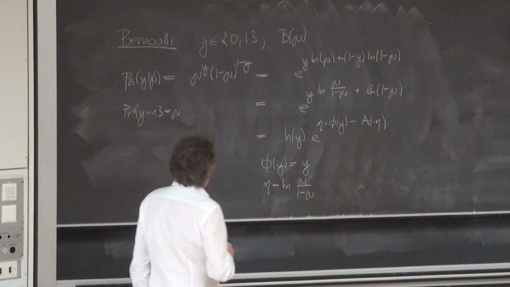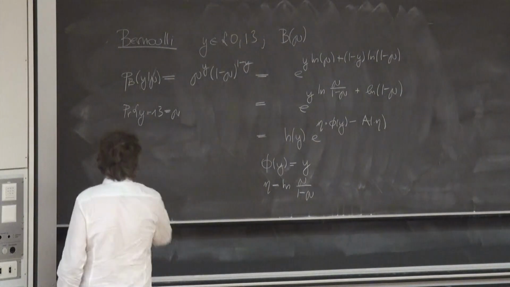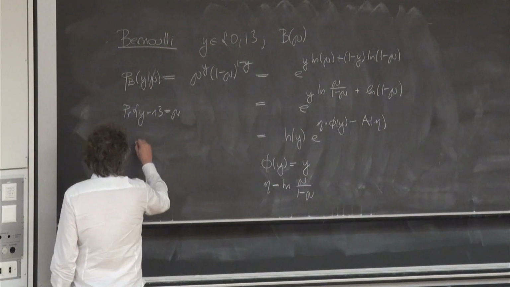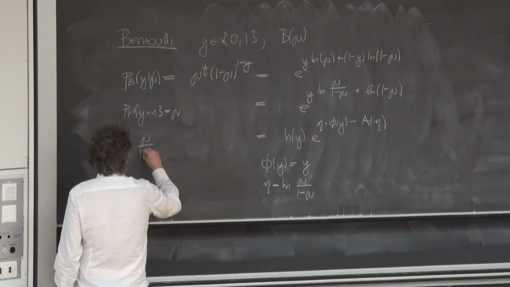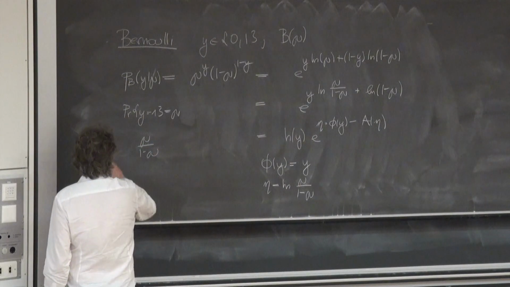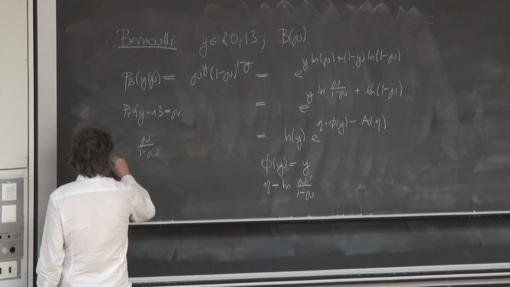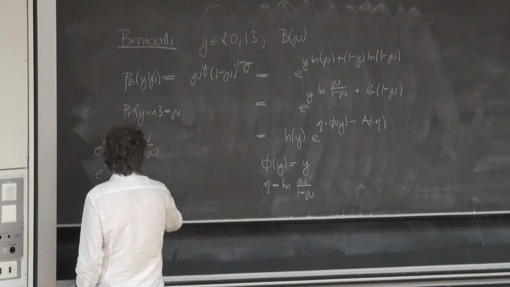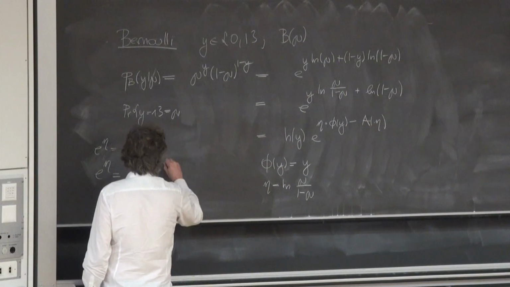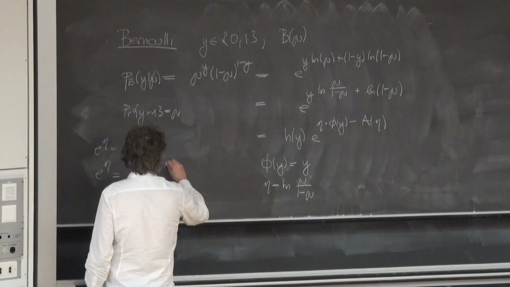And so now let's just do a small side calculation. So if I have eta is the log of mu over 1 minus mu, then it means there's e to the eta, right? It's just this. If I multiply it out, then I get e to the eta is equal to mu times 1 plus e to the eta.